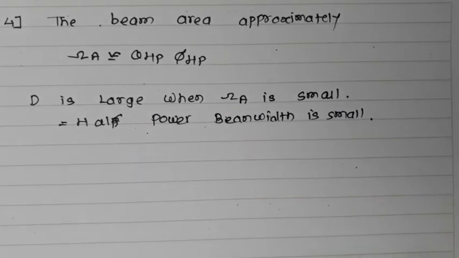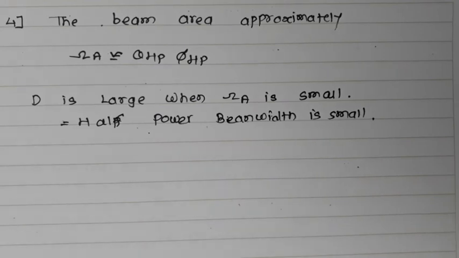So if you have a small half power beamwidth, you will have a large directivity.